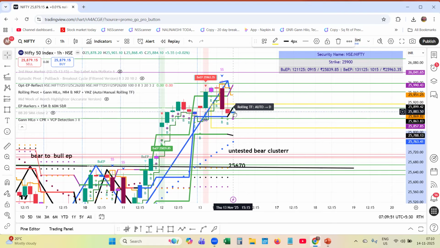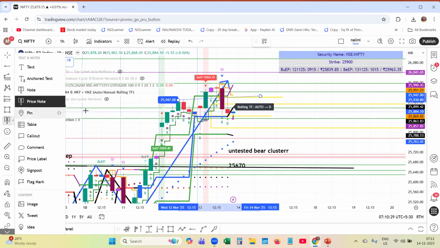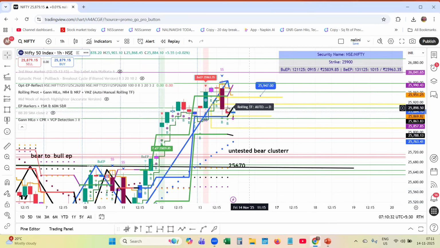Let me take out the price note and mark this 25,940. It can do that because a narrow range bar can push the market to this level. See, this is the price action.